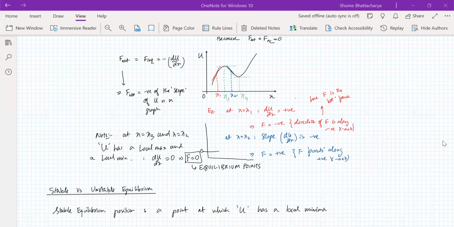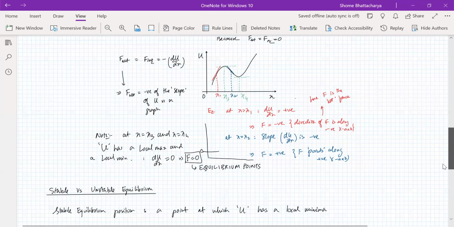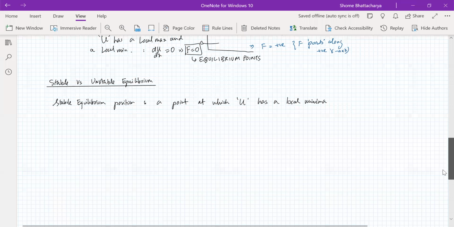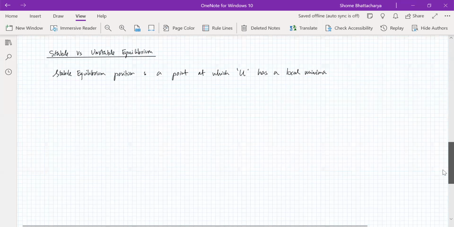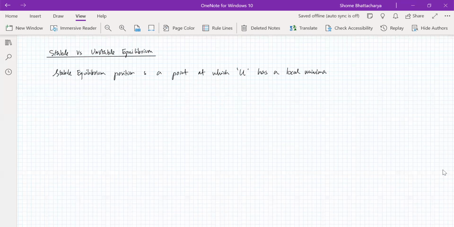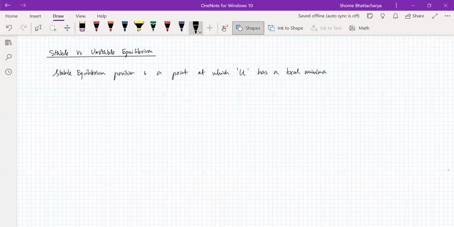Okay. So, as I was saying, one way to define the stable equilibrium position is the position where the graph has a local minima. But this also has a logic behind it, that why the local minima point is called the stable equilibrium point. Let's understand that.